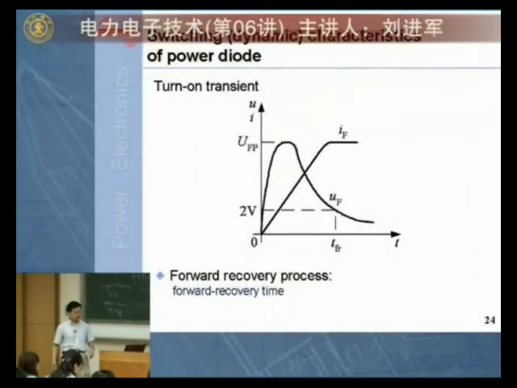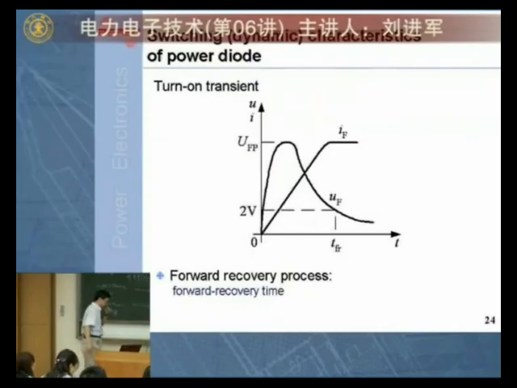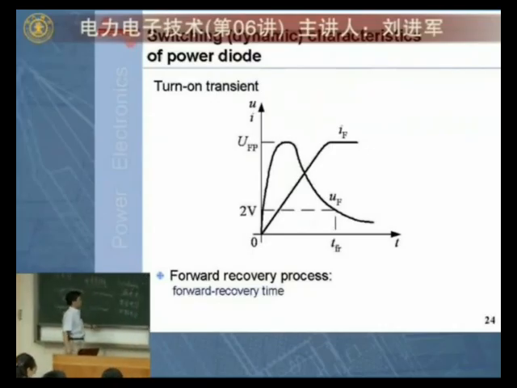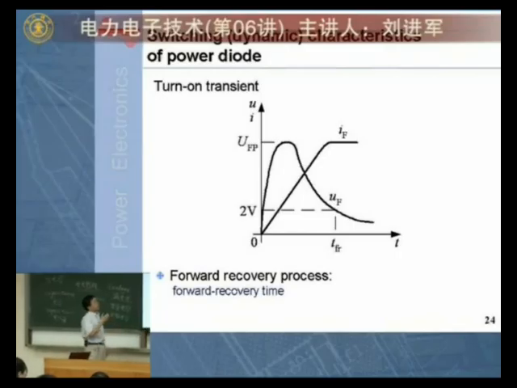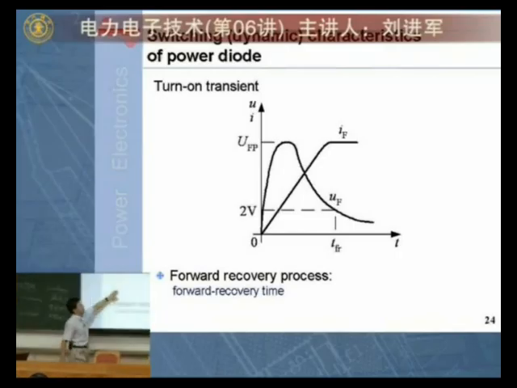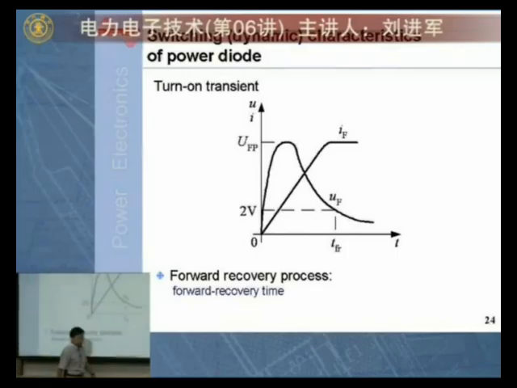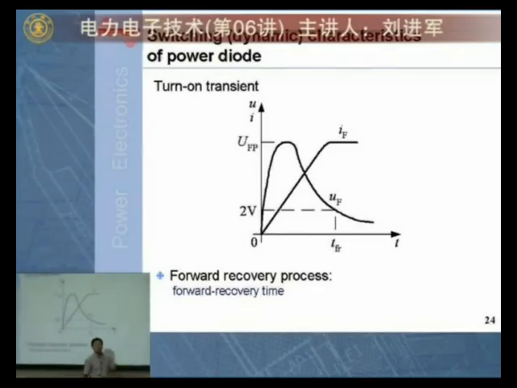Similarly, when you turn on, when you are changing the diode from off state to on state, or from reverse bias to forward bias, there will also be a transient process.